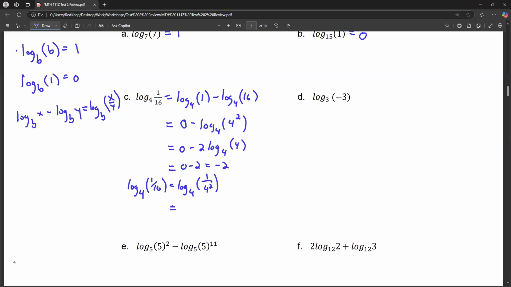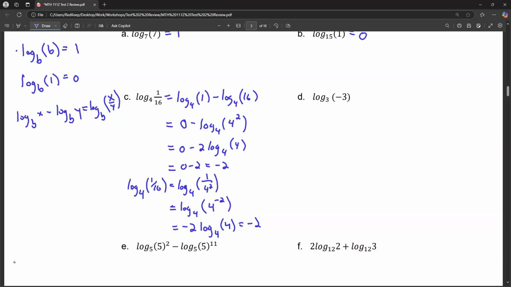Then this becomes 4 to the power of negative 2, some fun little algebra tricks with negative exponents. Again using the property that logarithms bring down the exponents, we get negative 2 times log base 4 of 4, which is just equal to negative 2. It's just another way of looking at this. There are definitely multiple ways of thinking about these things, which gives you the allowance to be creative in how you solve them.